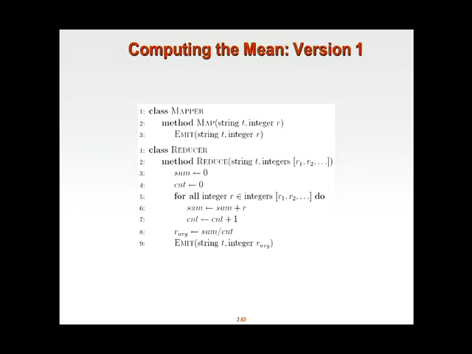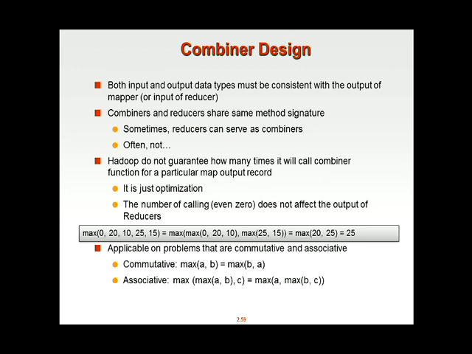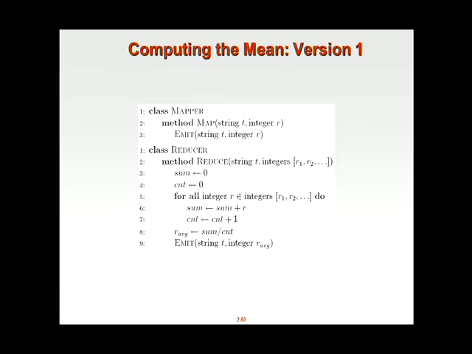So let's look at this problem. This problem is to compute the mean. The problem definition is like this. You are given a lot of key and value pairs, and each key has a lot of values. So the data format is key value.